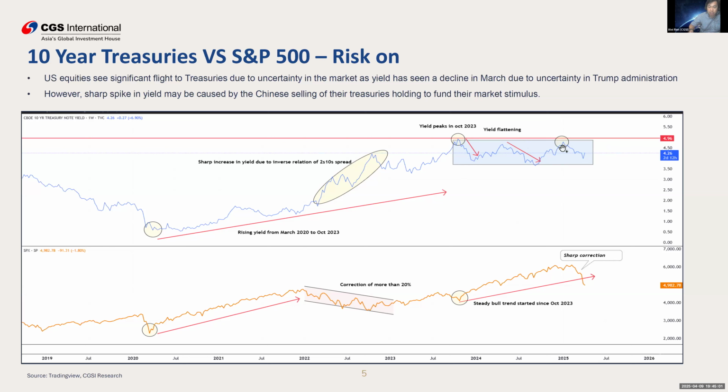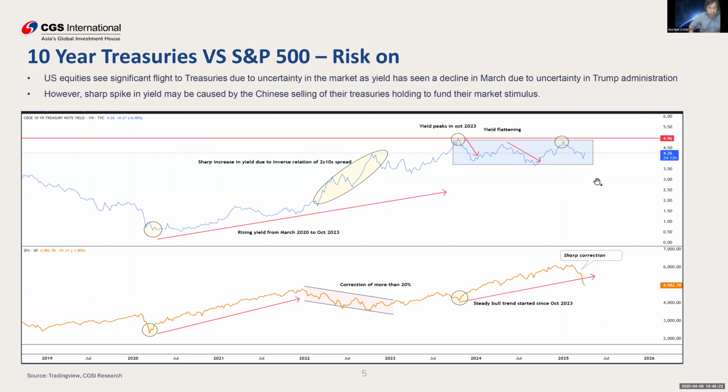This time around, it differs, so I think it spun off a sharp correction. This time around is due to the rush into bond yields, it is risk off, and people are rushing into the safe haven asset of 10-year Treasury bills.